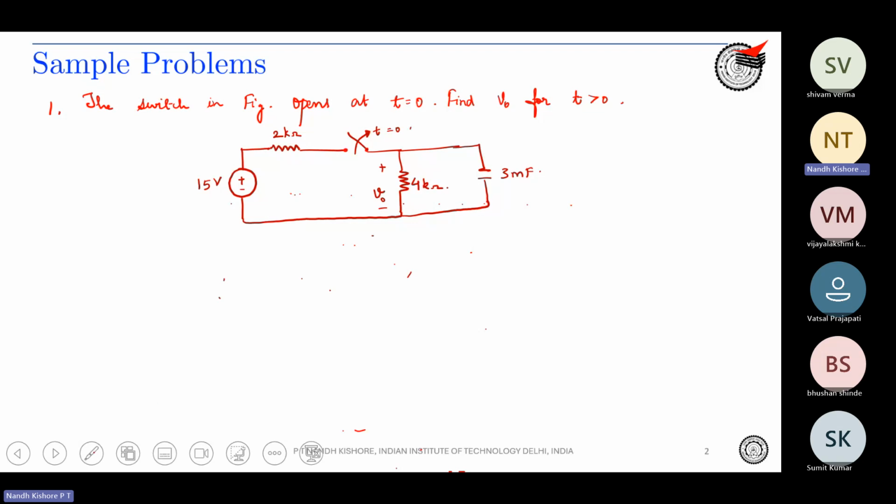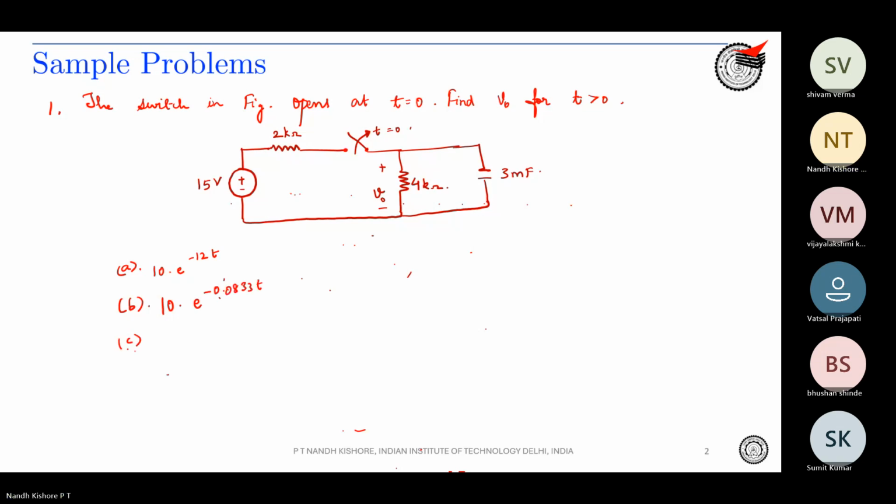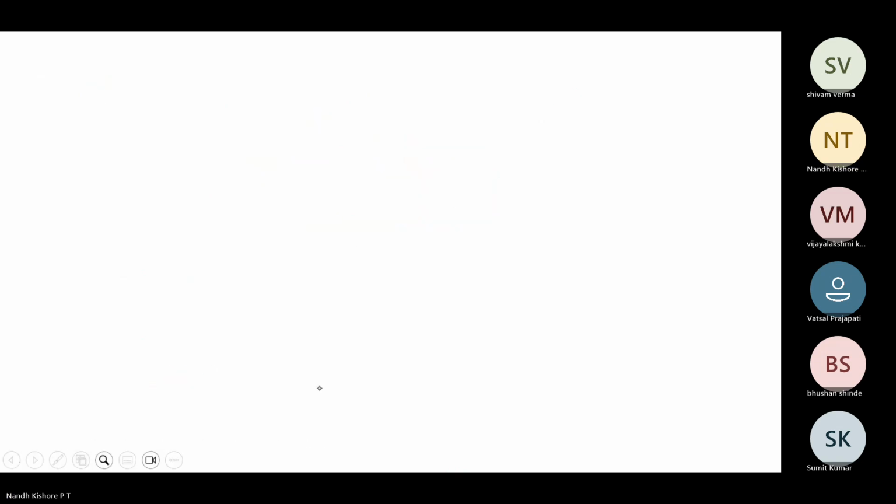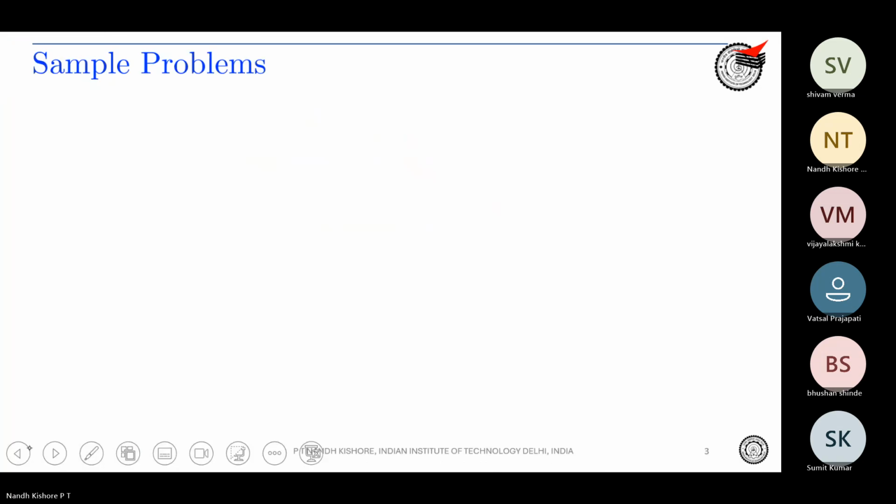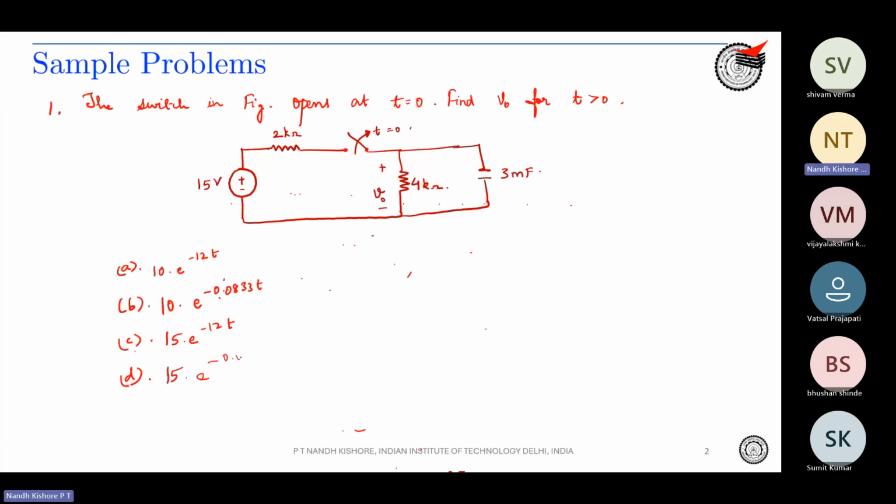For this question, they have also given us some options: 10 e power minus 12t, 10 e power minus 0.0833t, then 15 e power minus 12t, then 15 e power minus 0.0833t.